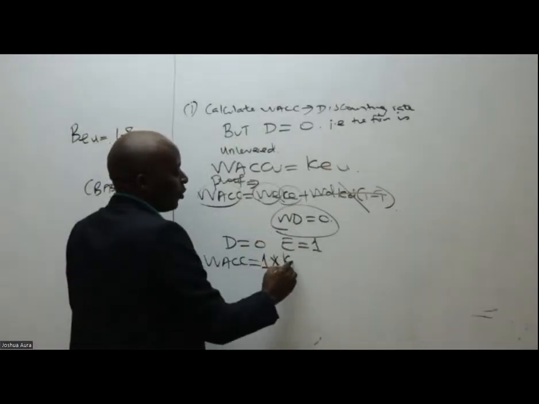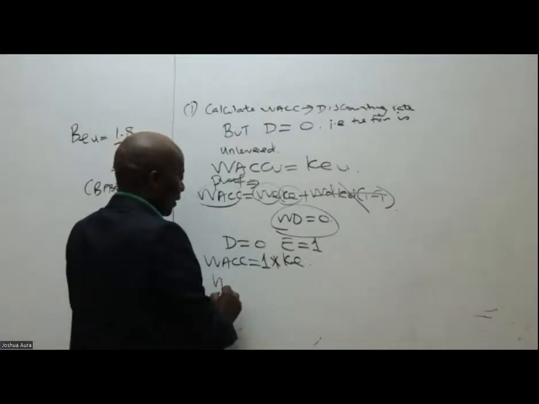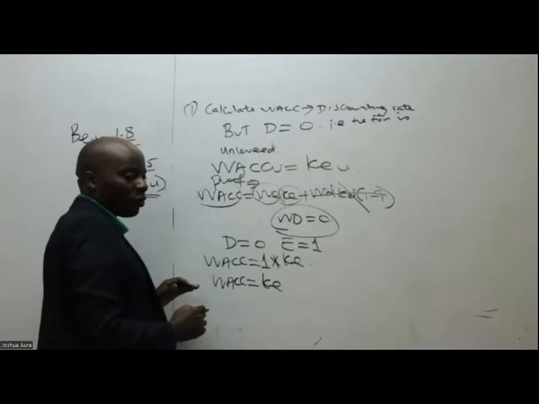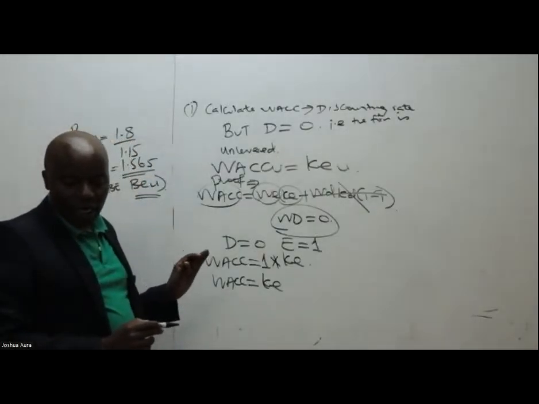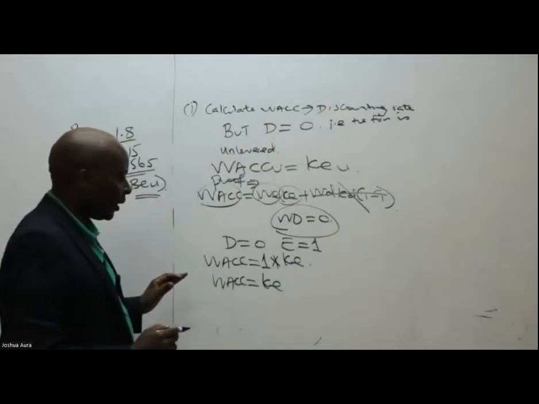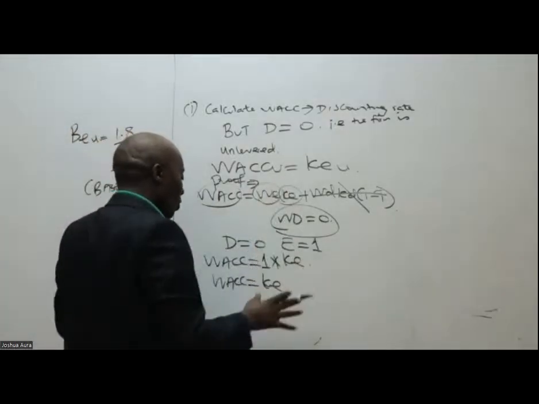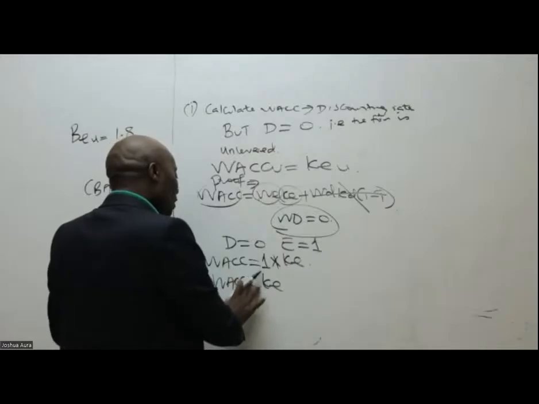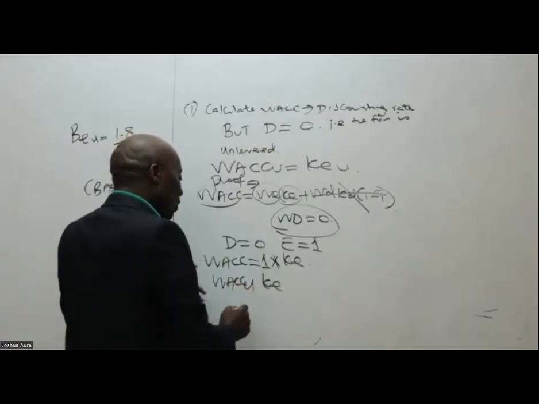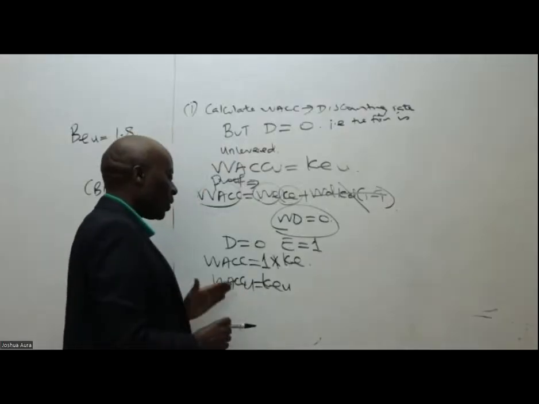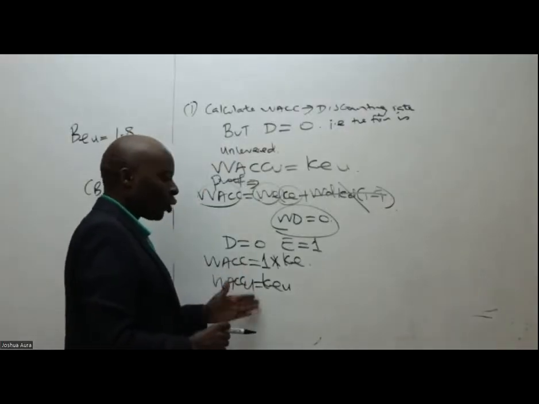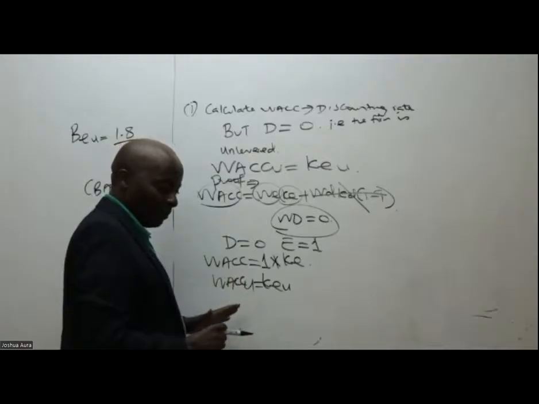So our WACC will be equal to cost of equity for unlevered organizations. For unlevered organizations, ladies and gentlemen, I don't need this derivation. For unlevered organizations, WACC_U will always be equal to Ke_U, where this U stands for unlevered: WACC of unlevered firm equals cost of equity of unlevered firm.